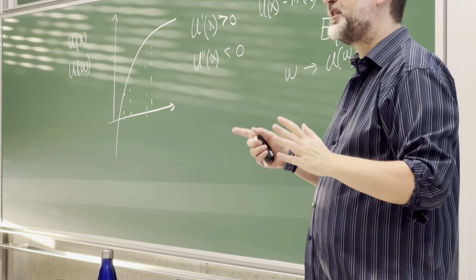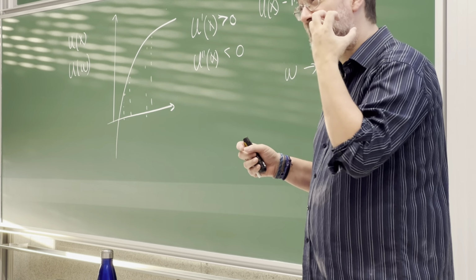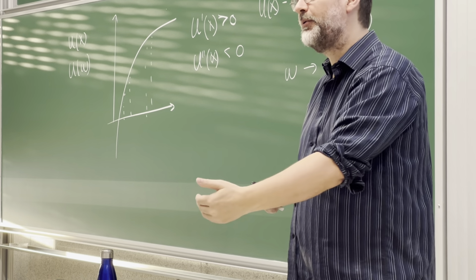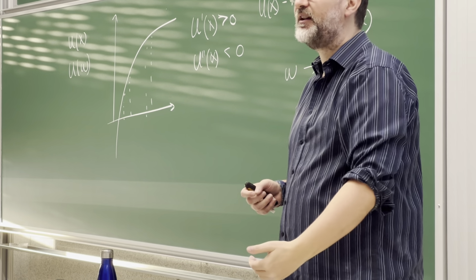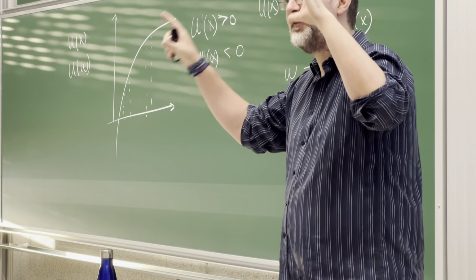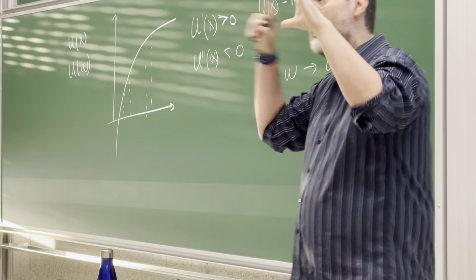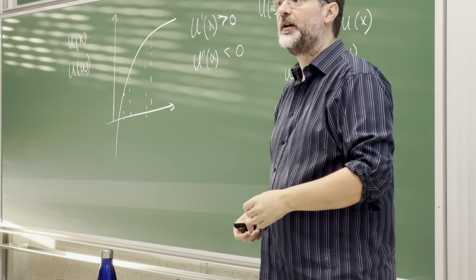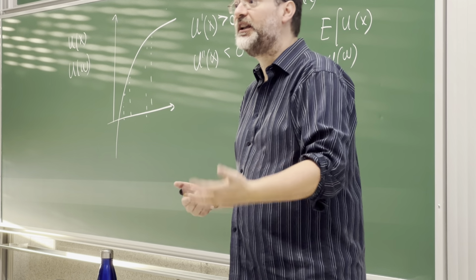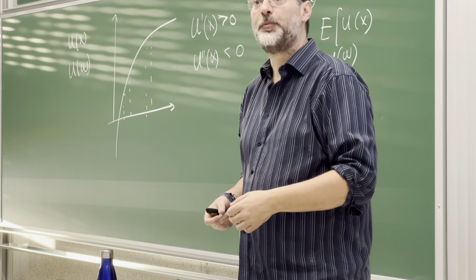Remember, we discussed that last week. Randomness is such a powerful trait that anything that you do with a random variable is automatically a random variable itself. So if you map random wealth in your brain somehow, that mapping is going to be that of a random variable. Because you don't know how much wealth you have, you don't know how much utility, how much happiness it is going to bring you.